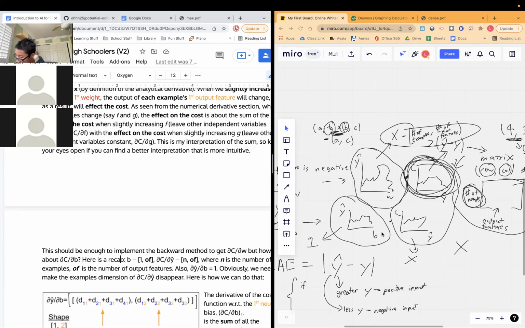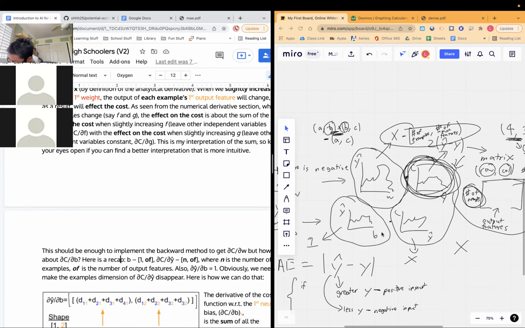But if you look at x, it's going to have a shape of the number of examples and the number of, what's it called, input features, not output features.